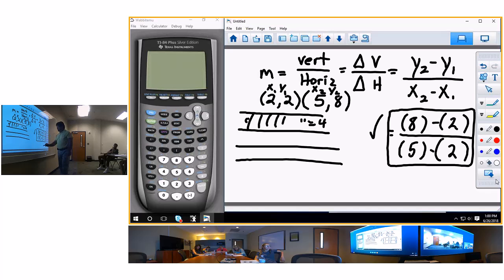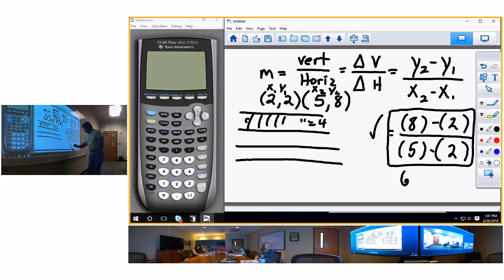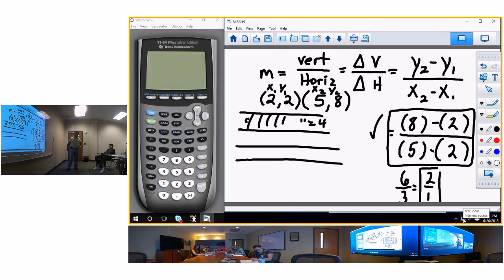What's 8 minus 2? What's 5 minus 2? Reduce. 2 over what? Why do I not change it into a solid 2 right now? Because what is slope? Vertical over what? Horizontal. So I leave it so I know that I've got 2 vertical shifts over 1 horizontal shift.